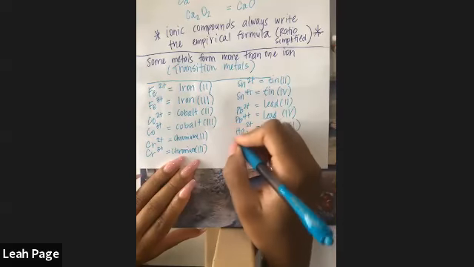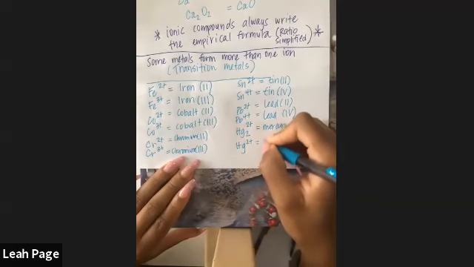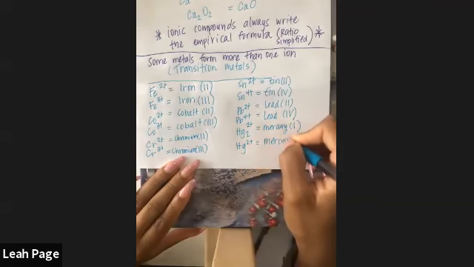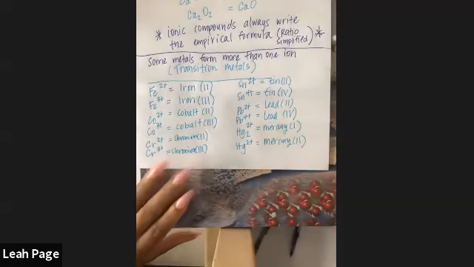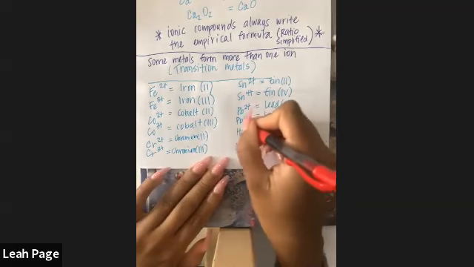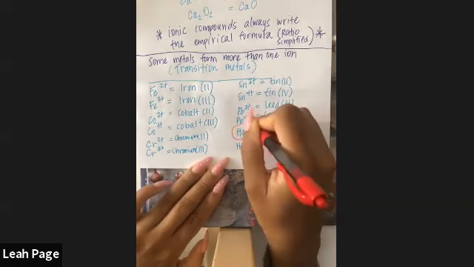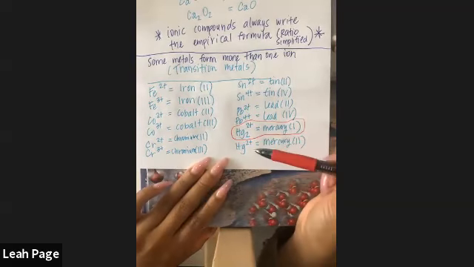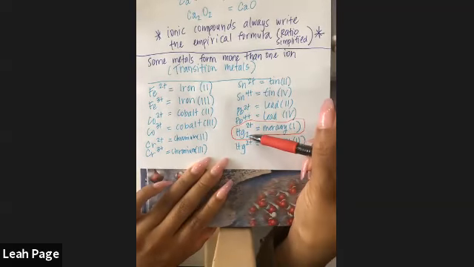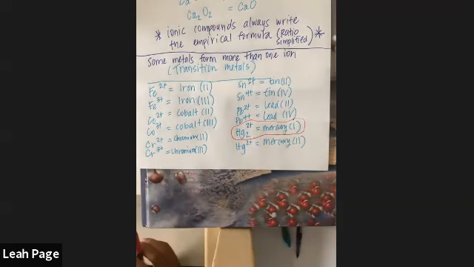And then we also have mercury 2 that looks like this. So the difference is, this one's weird. It's a little bit of an exception. The way I like to think of it is that there's 2 mercuries. It has an overall 2+. So think of it like each mercury has a 1+ charge. So that's why it's mercury 1.